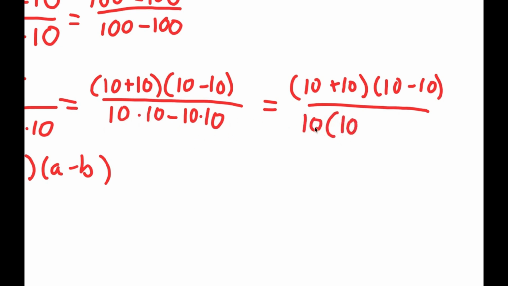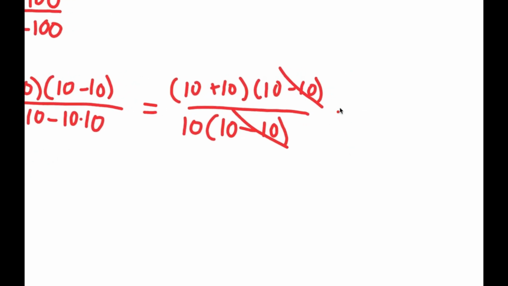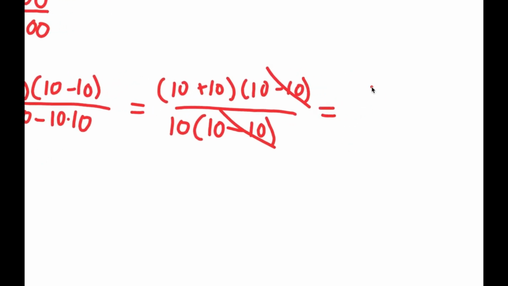And again, 10 times 10 divided by 10 is 10 again. So I have 10 times 10 minus 10. Now from here, I'm going to cancel out these two 10 minus 10s. So if I cancel these two out, I get 10 plus 10 over 10.